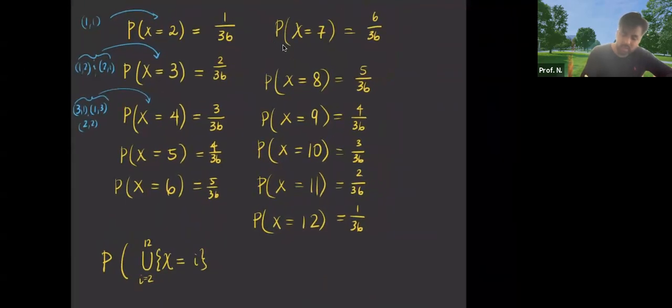Now you start to see that I'm dividing up my sample space into these different groups of outcomes. One group has a sum of 2. Another group of outcomes has a sum of 3. Another group has a sum of 4, and so on and so forth. So what did I just create?